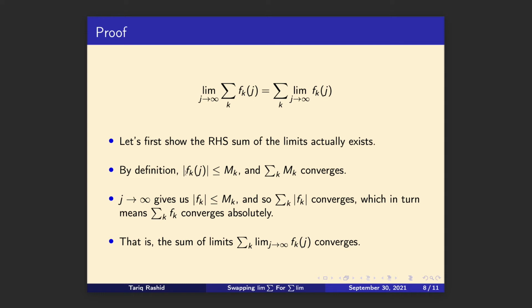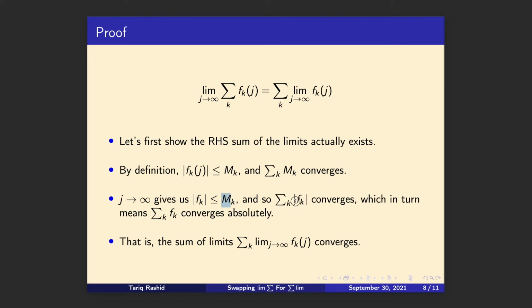We know by definition that the magnitude of fkj is less than or equal to Mk. Mk dominates it. That was by definition. The theorem requires that. And the theorem also requires that the sum of Mk over all the k's converges. That's by definition. So as j goes to infinity, we said that fk exists, and therefore the magnitude of that is also less than or equal to Mk.